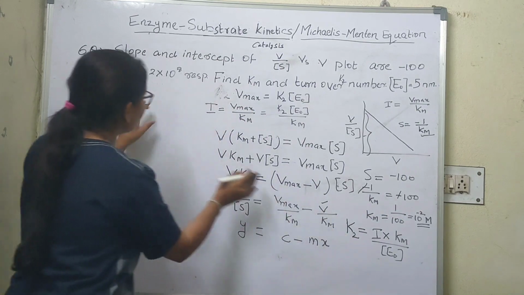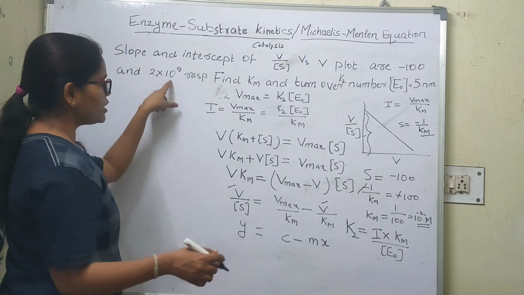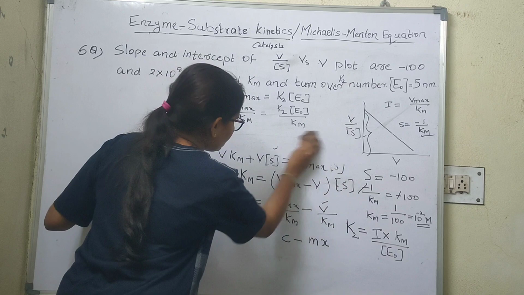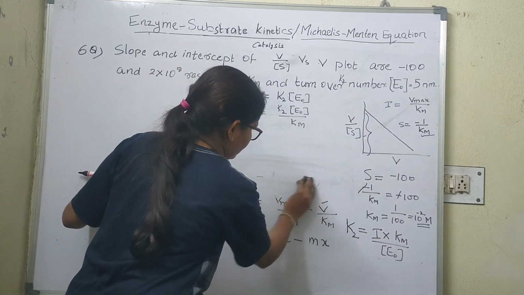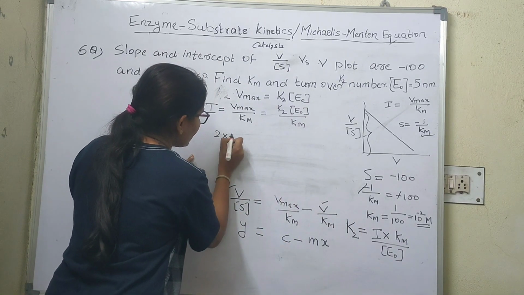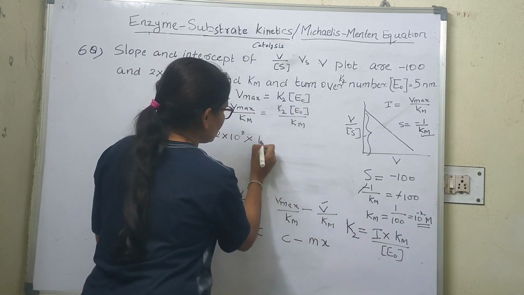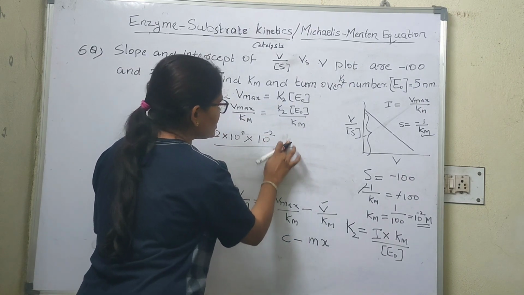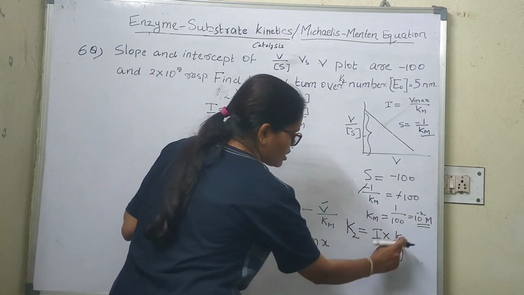So what is the intercept value? Intercept is given as 2 into 10 power 8, into the value of Km, which is 10 power minus 2 molar, divided by the initial concentration of enzyme. We'll skip the units here because no units are given in the question, and at the end we'll put the units.